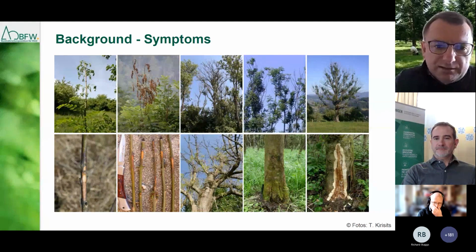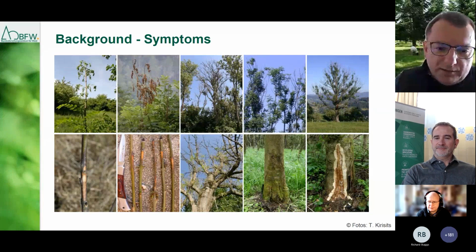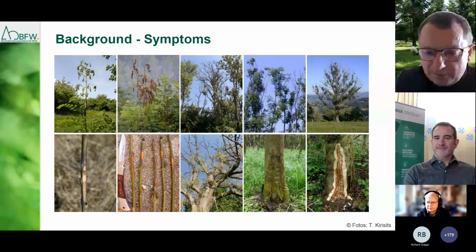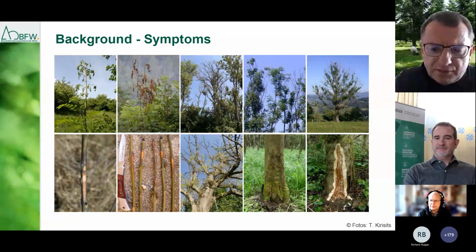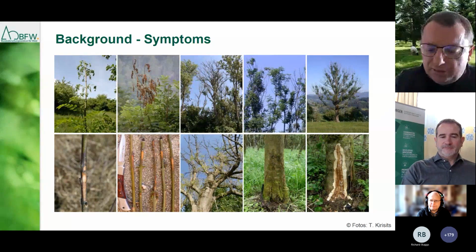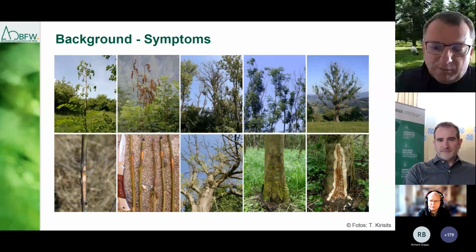You have the dieback in the crown, you have the dieback of the whole tree, and in association with this, root collar lesions eventually, and in association with root-killing fungi, the root is damaged and the tree falls down, can topple over. In this way, the disease has also created a lot of common interest, not only in the forests, but also in the general public.